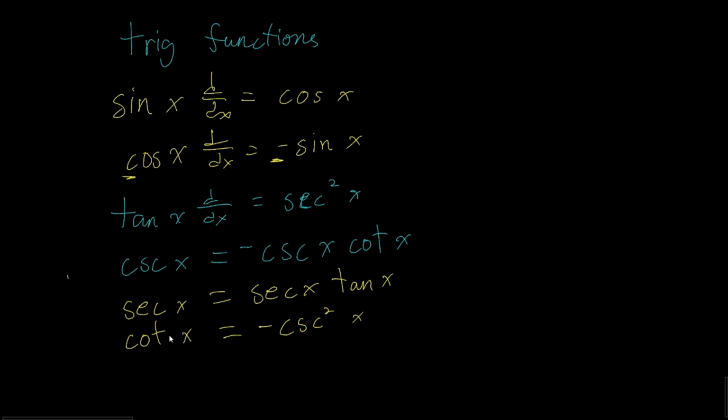And cotangent, which is the reciprocal of tangent, has its derivative as negative cosecant squared x, which is coincidentally also the reciprocal function of sine, which is the opposite of secant, if that makes sense. Basically, they're connected. Cosine to sine, tangent to cotangent, and cosecant to secant. So it's a lot easier to memorize once you have them in comparison.